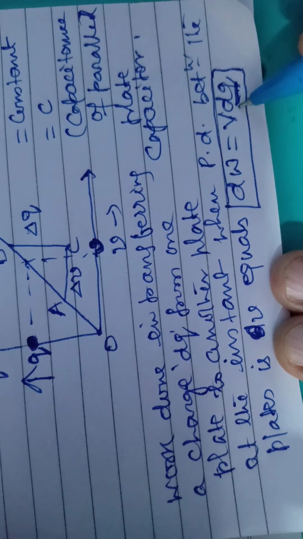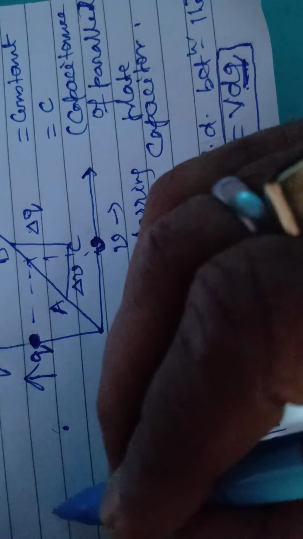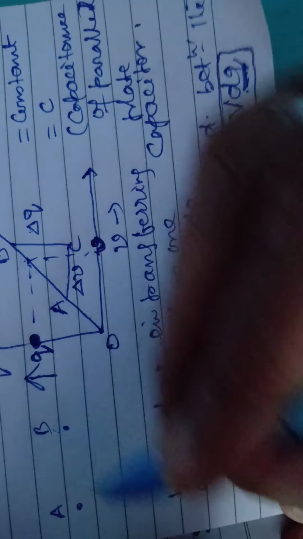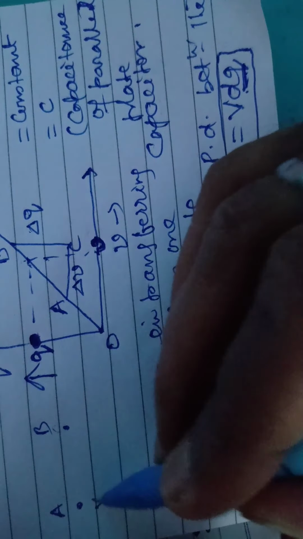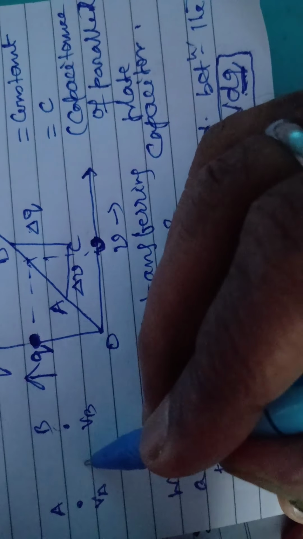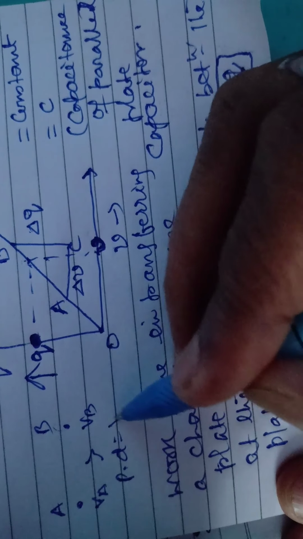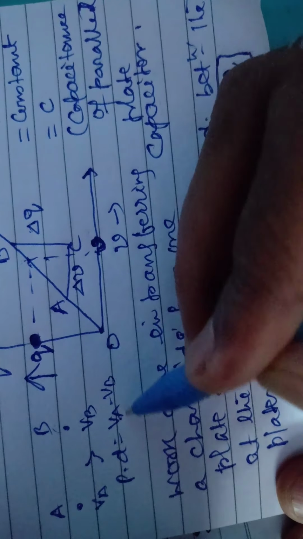To understand this expression, you will have to recall the definition of potential difference. What is that? Potential difference between any 2 points, suppose A and B, is defined as, suppose here potential is VA, here potential is VB, and VA is greater than VB, so potential difference will be equal to VA minus VB.